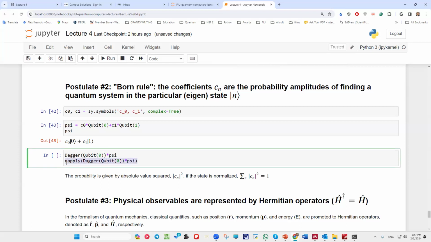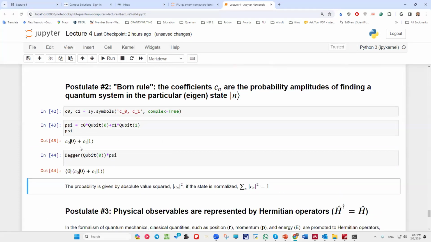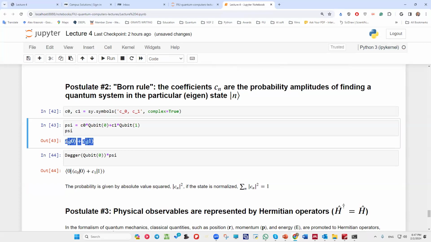And then what I do next, I multiply this general state of the qubit by this zero eigenstate of the qubit. What it means to find the inner product of two vectors is basically the operation of finding the projection of one vector onto another one.